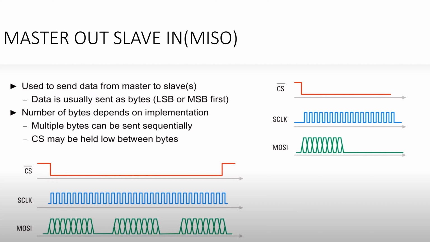It completely depends upon the way we implement it. Chip select may be held low between the bytes. After 1 byte transfer, the next byte will be transferred immediately, and during the time between these 2 bytes, the chip select line will always be low.